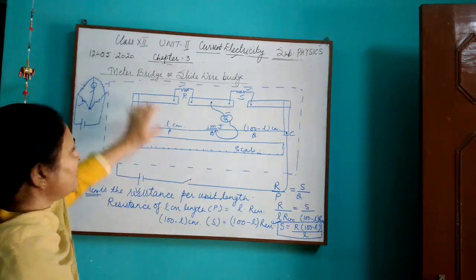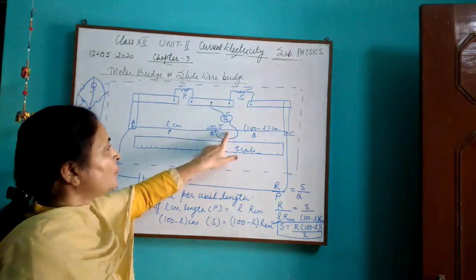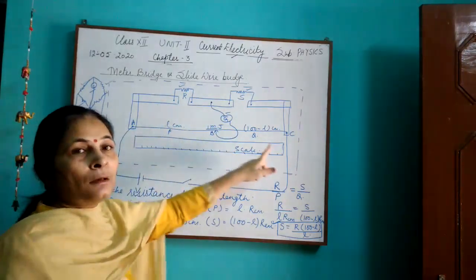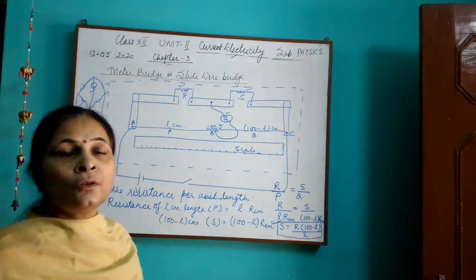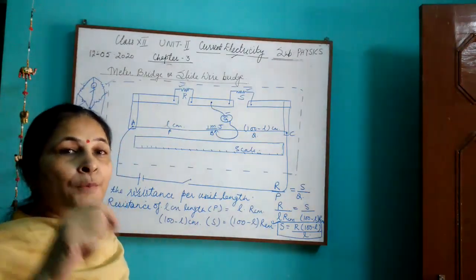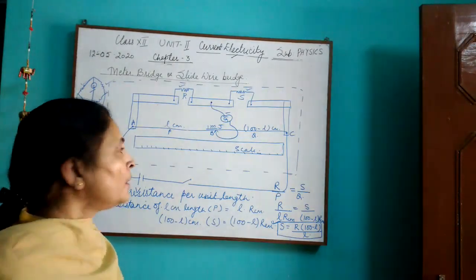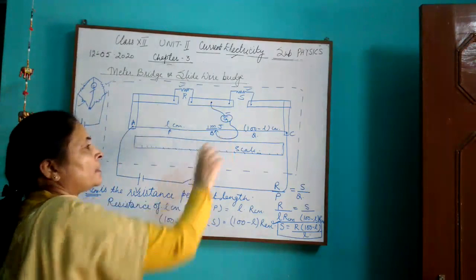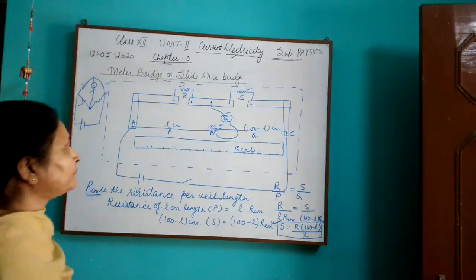Meter bridge, so called, has a 1 meter slide wire. The jockey is slid over the wire, and while sliding it, we have to take care not to press the wire. It has to be moved very gently so that the area of cross section of the wire doesn't change.